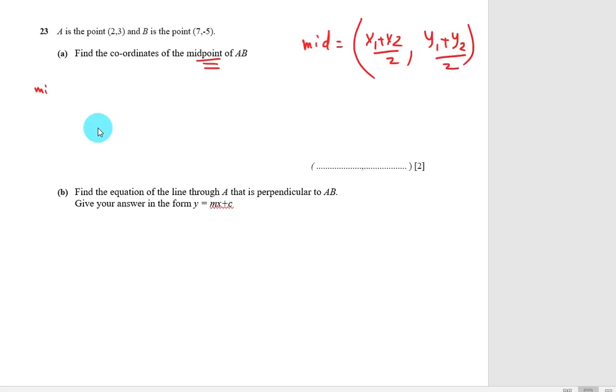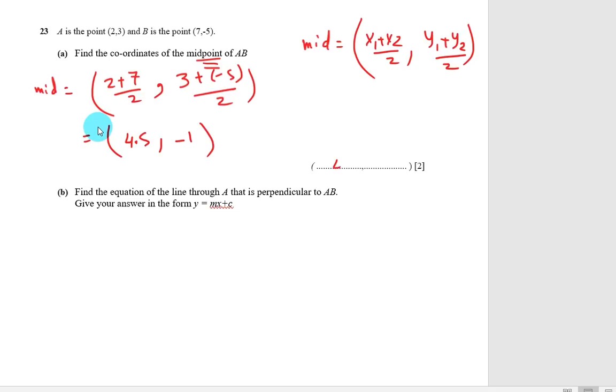So the midpoint will equal 2 plus 7 divided by 2, and 3 plus minus 5 divided by 2. So the midpoint is 9 over 2, 4.5, and 3 minus 5, minus 2, divided by 2 equals minus 1. So the coordinate is (4.5, -1).